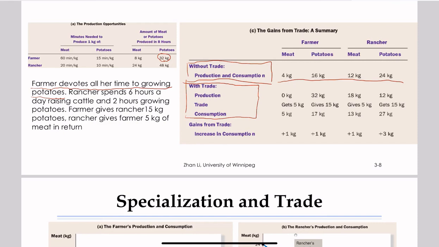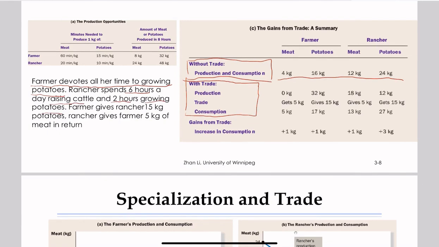Now let's look at the rancher. According to the suggestion of the economist, the rancher would spend 6 hours raising cattle and 2 hours growing potatoes. And if you look at the productivity of the rancher, she would spend 1/3 hour to produce 1 kg of meat and 1/6 hour to produce 1 kg of potatoes.